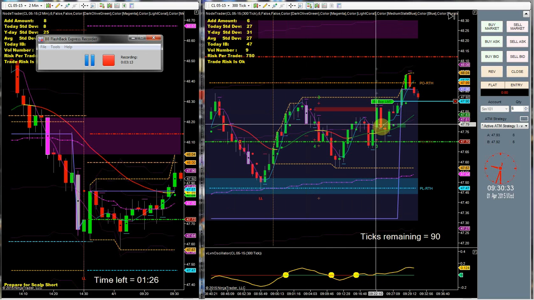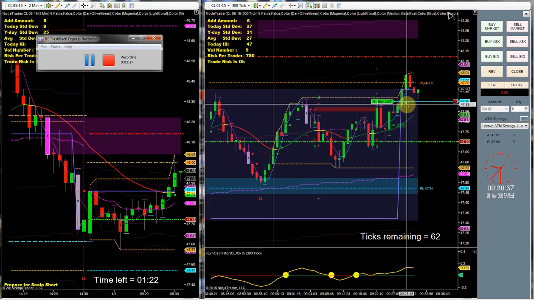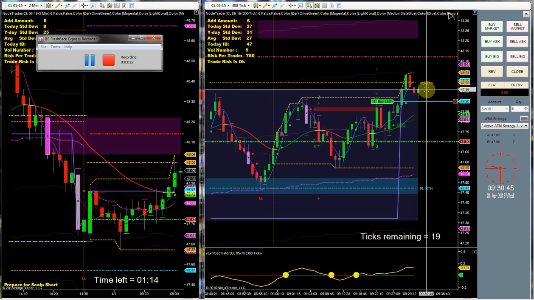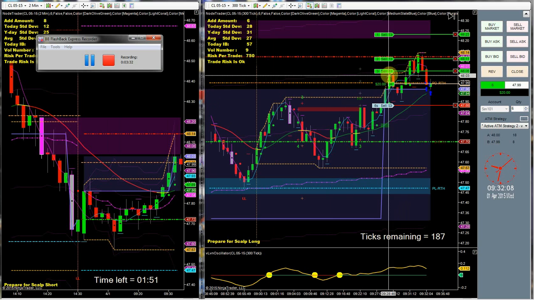Alright folks, we have this nice little push up here. We have a low volume node right here, so I placed a pending order right above that low volume node. And I'll be back if we get filled. Alright guys, we just got filled here.